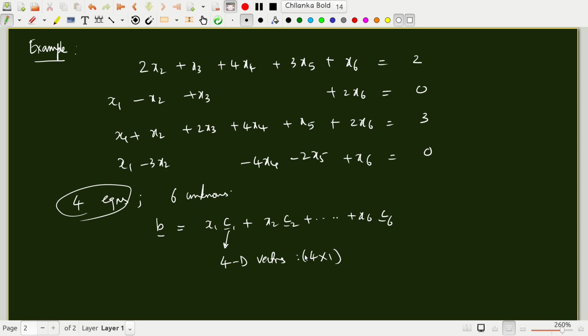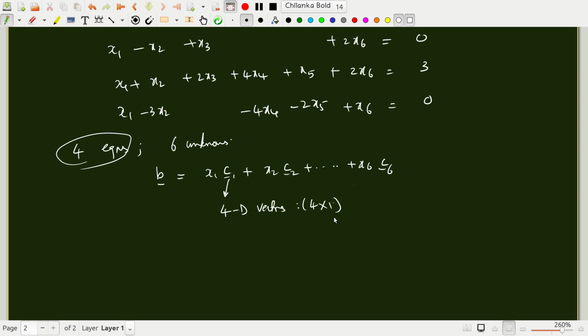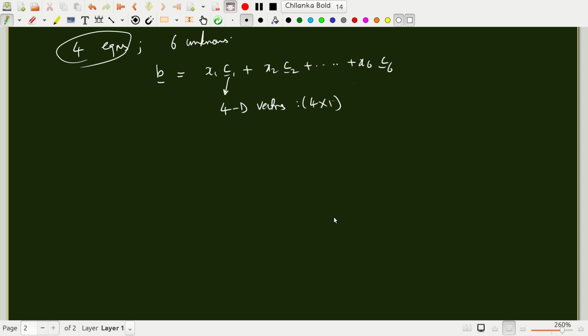So there can be at most only 4 linearly independent vectors among C, but we have 6. So at least there will be 2 coefficients in this expansion which will not be found uniquely. That is, the solution will have at least 2 free parameters. So we can anticipate a 2 parameter family of solutions.